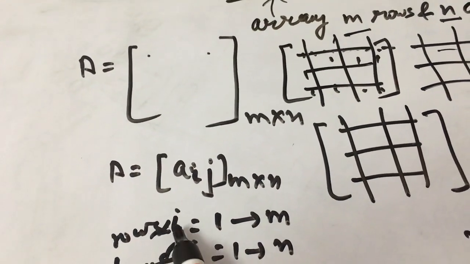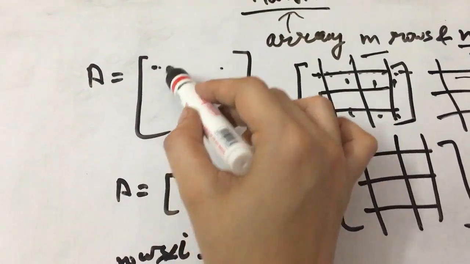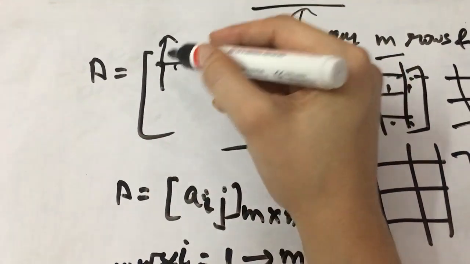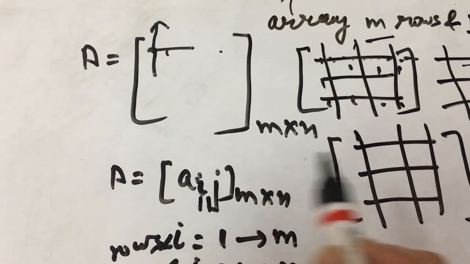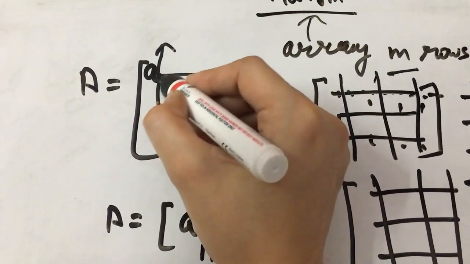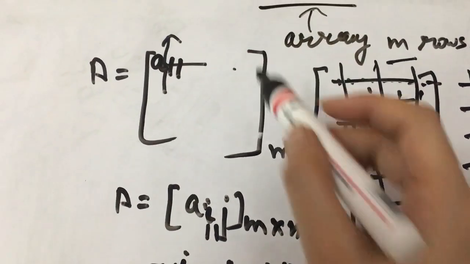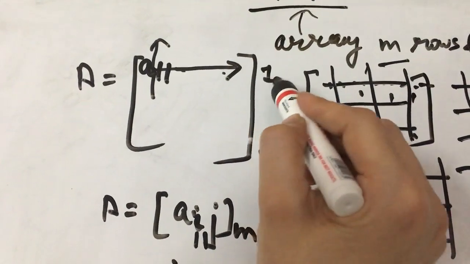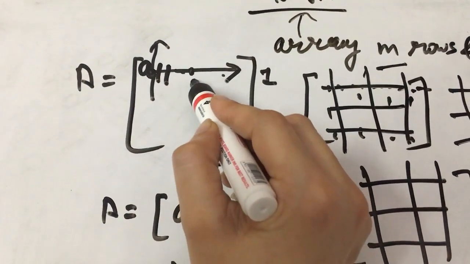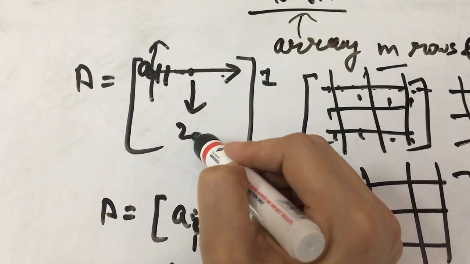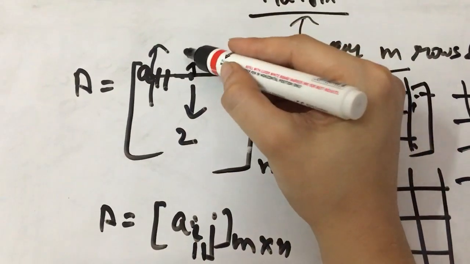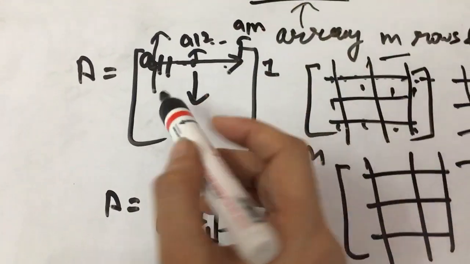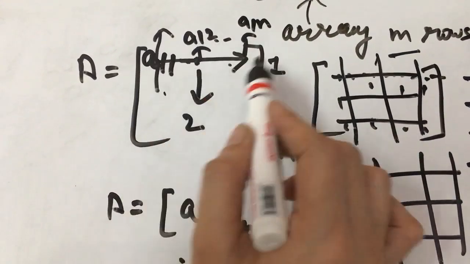When I start from here, this is the first element of the first row and first column, so the values of i and j are 1, 1. So this element will be a11. Similarly, if I move along this first row, this is the second column, so this element will be a12. Similarly, the nth element will be a1n. The first row is completed.